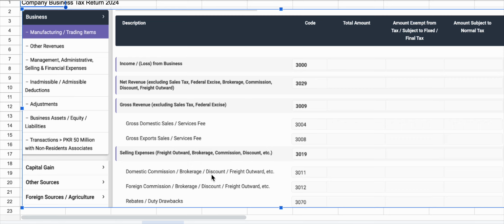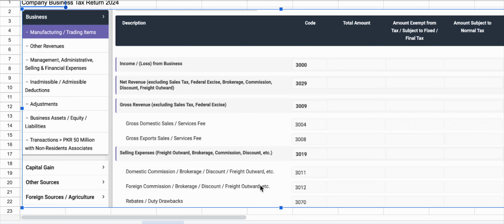So all those expenses that you can clearly trace or connect with your sales, like domestic commission. For example, you pay 10 rupees to any person who makes a sale of 100 rupees domestically, or you pay foreign commission to people who make sales outside of Pakistan.